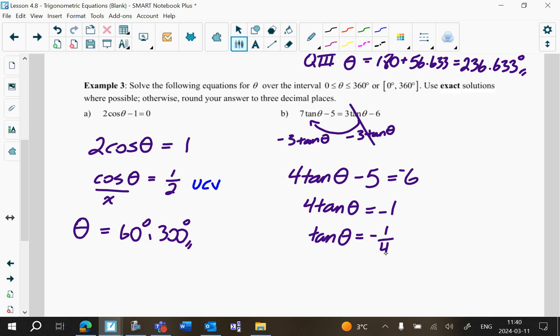Go to it. See if you can do it, because this is the one that involves more steps. Remember, figure out your quadrants, get your reference angle, and use those two pieces to find your answers. So your quadrants first.